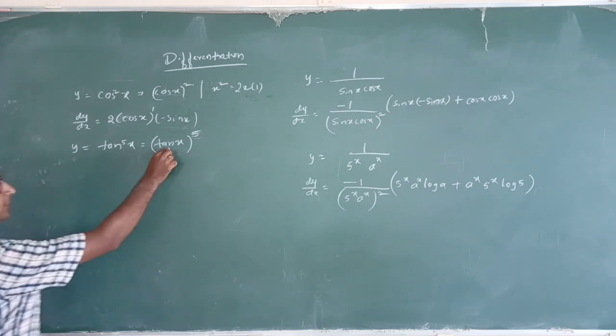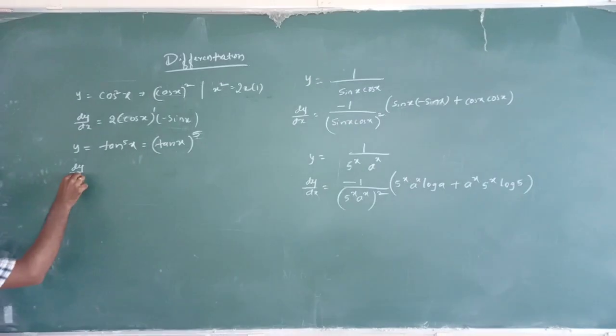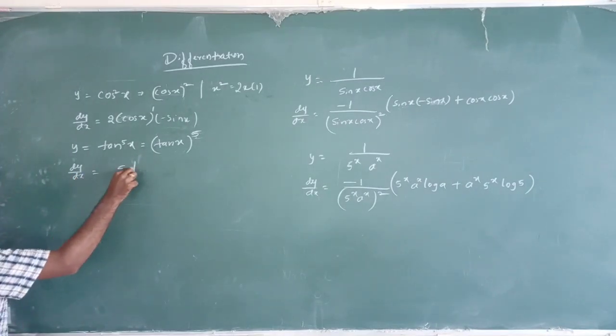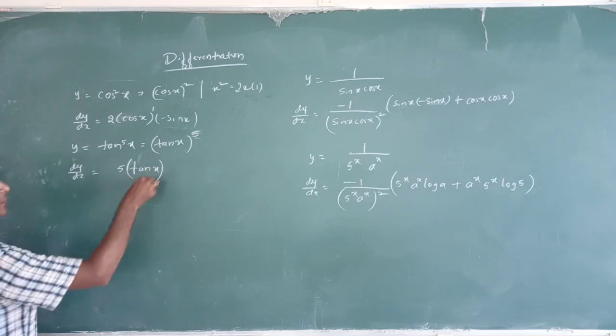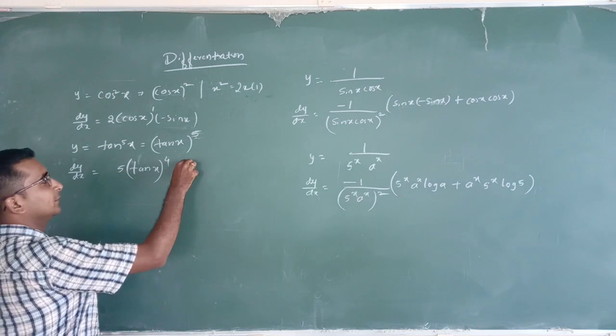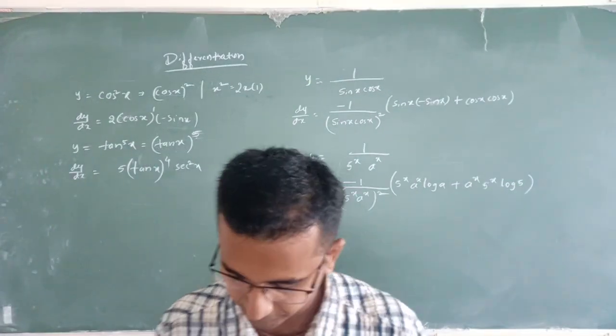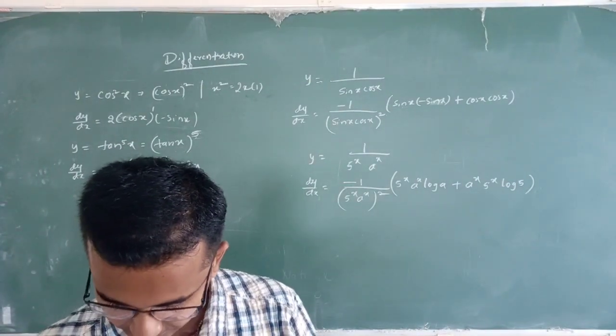It means again this is in the form of x raised to 5. Then differentiation of this one is what? dy by dx is 5 tan of x to the power 4. Power is done. Then differentiation of tan x is sec square. Getting? Very simple. Okay. Next one.